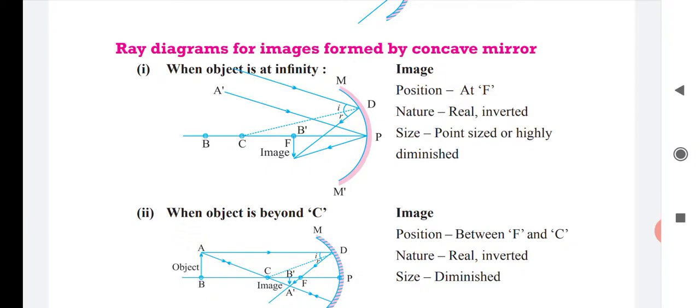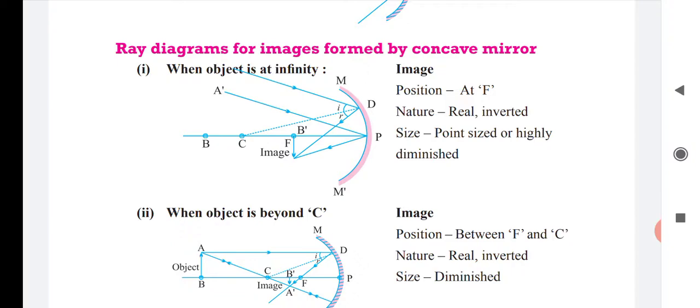You can see the object is erect, whereas the image is upside down. If it is real, it is always inverted. Why am I calling it real? Because the rays after reflection are actually meeting at one point, so I am calling it real, and you can see the image is inverted.